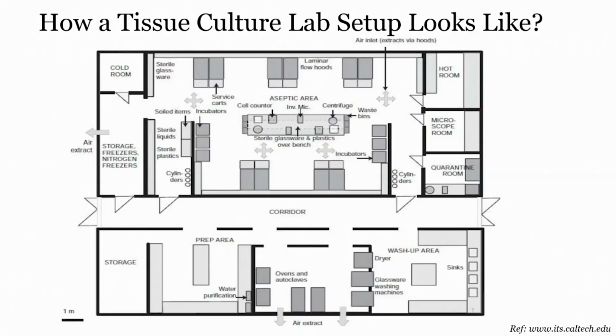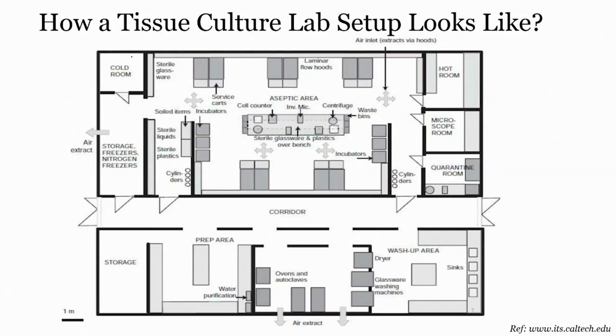Now, once we know some terms like passaging, cell lines, confluence, cell culture, what does a tissue culture lab setup look like? A basic tissue culture lab should look like the one that I am showing here. However, there are several different setups also.